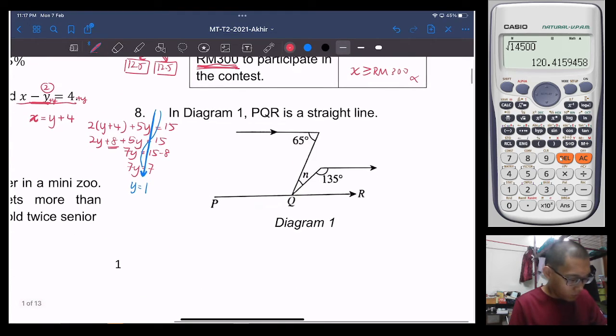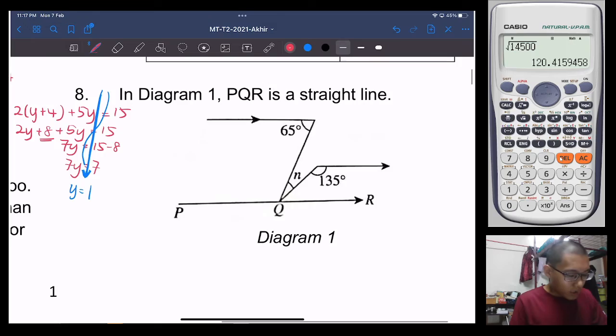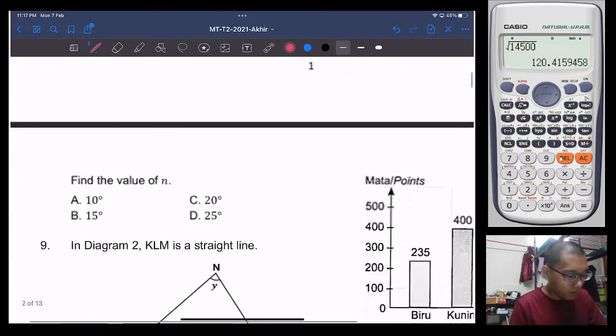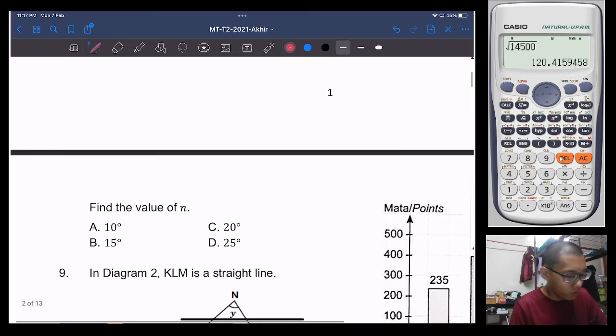Now we go to question 8. Okay, question 8, we have a straight line here, PQR. So I try to redraw this one. We have a straight line, and we have a parallel line here, and another parallel line here, right? So now we have this one and this one.